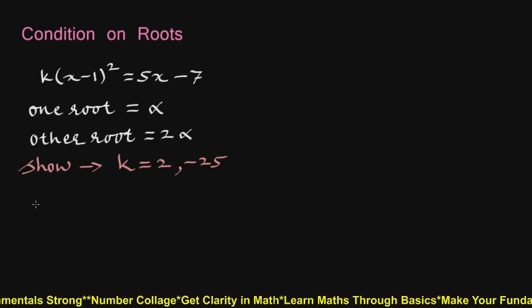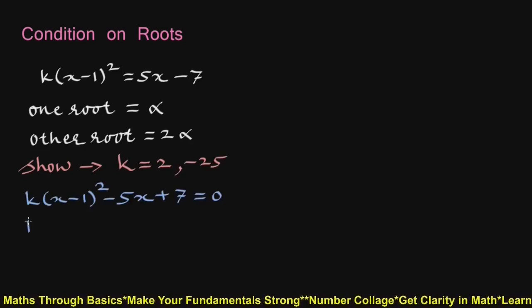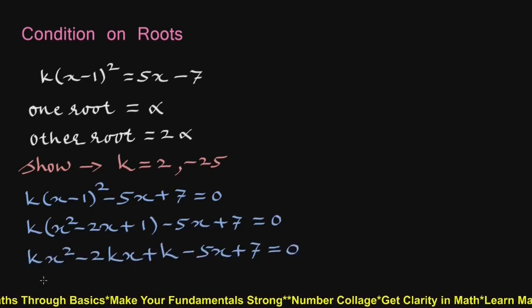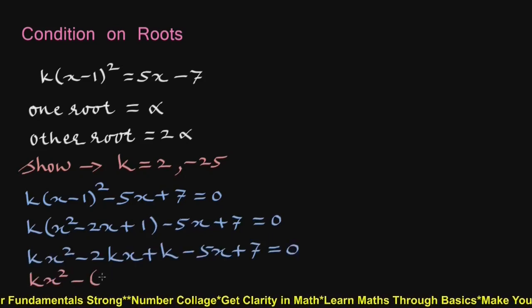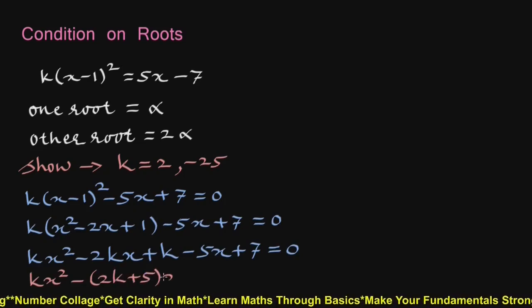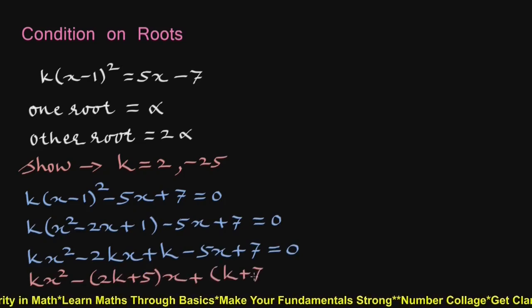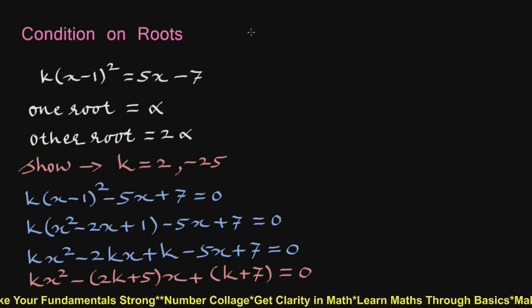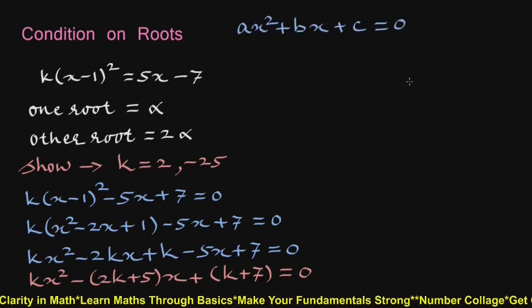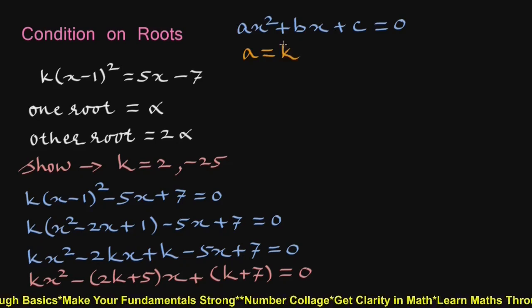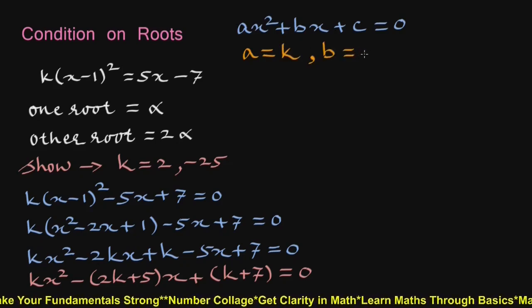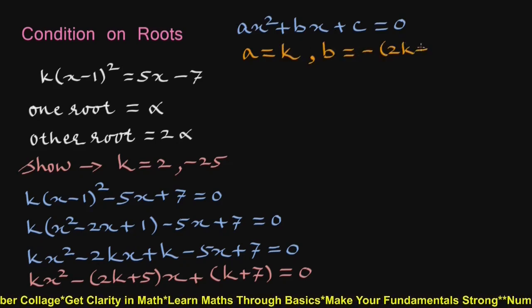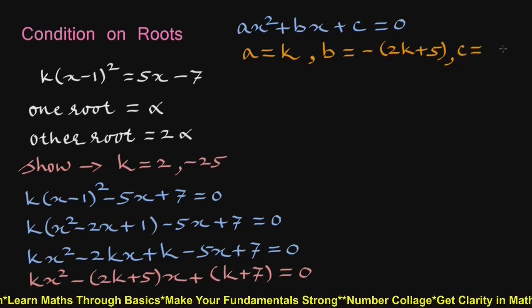The given quadratic equation is, or this will be, kx square minus (2k plus 5) x plus k plus 7 equals 0. Comparing this with the standard quadratic equation, we get a equals k, b equals minus (2k plus 5) and c equals k plus 7.